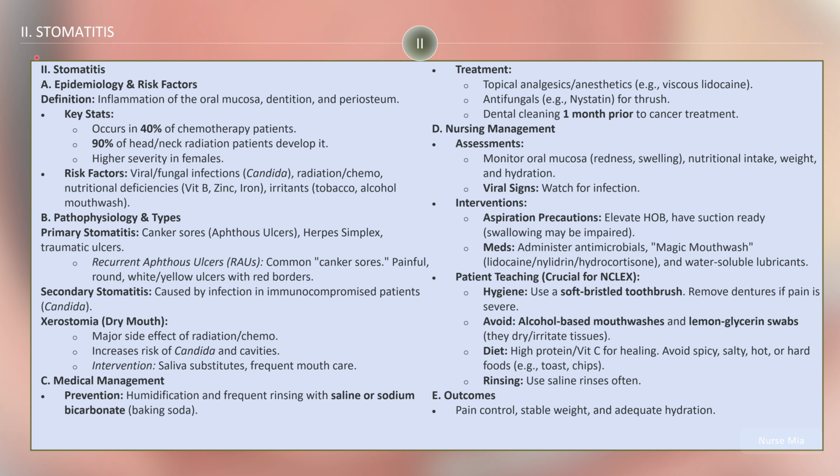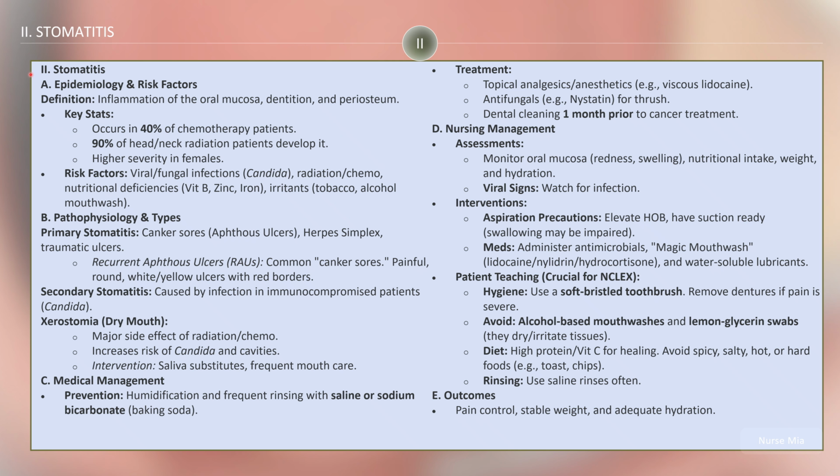Stomatitis, epidemiology and risk factors. Stomatitis is inflammation of the oral mucosa, dentition, and periosteum. About 40% of chemotherapy patients will experience it.